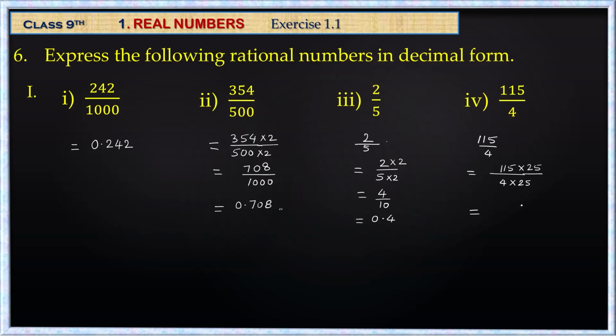You get 25 5s are 125, 25 1s are 25 plus 12, 37, 25 1s are 25 plus 3, 2875 by 100. Since 100 contains 2 zeros, put the decimal point after 2 digits starting from the right side. It will become 28.75. This is the answer.